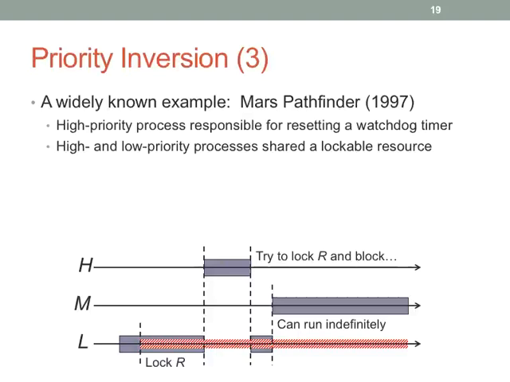And the high priority process was responsible for resetting a watchdog timer. The idea behind a watchdog timer is that if it counts down to 0, it reboots the system. What's supposed to happen, if everything's working right, is that periodically some high priority thing goes and resets the watchdog timer so that it doesn't hit 0 and reboot the system.